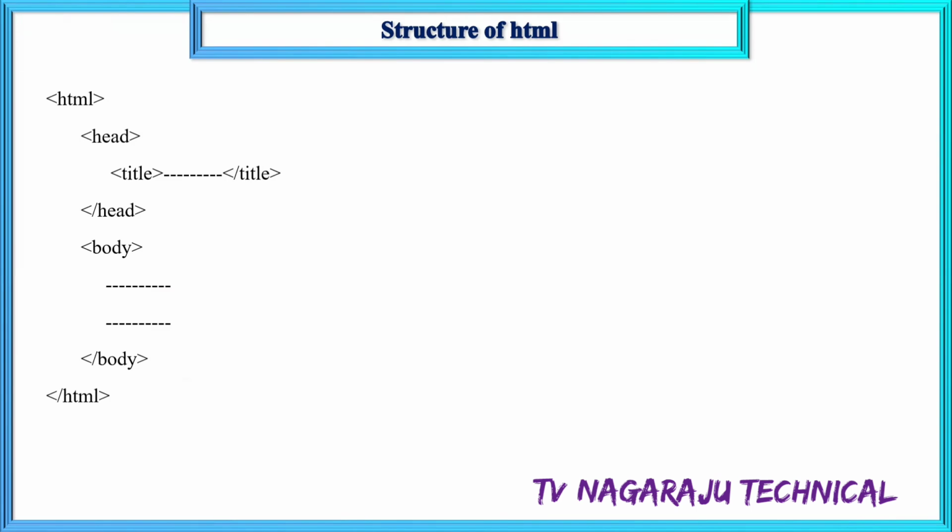What is the difference? Again, the HTML tag specifies you are going to create a web page. Body means whatever the information that you want to display on the web browser, that is written in the body. Head of the web page.